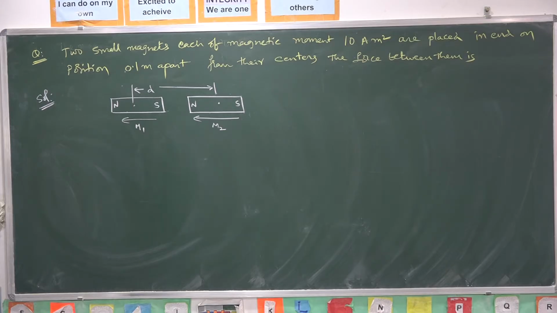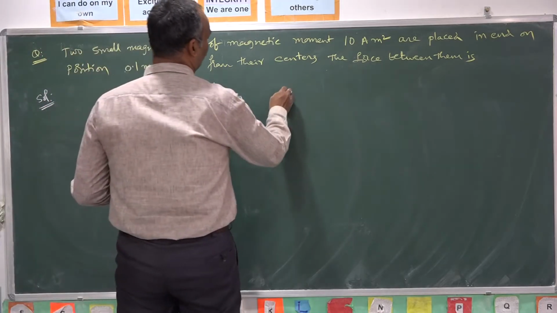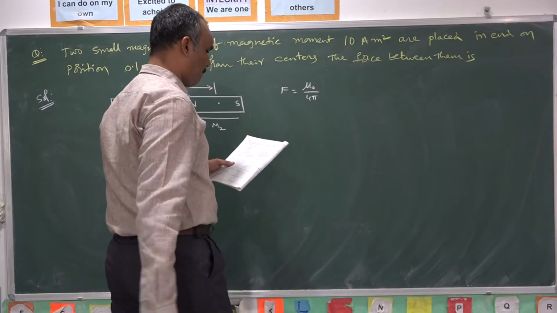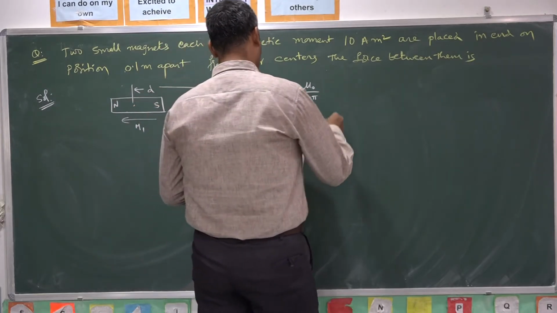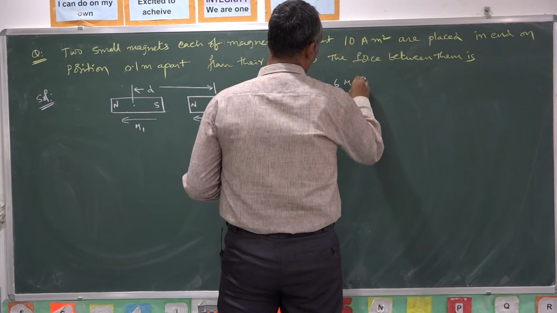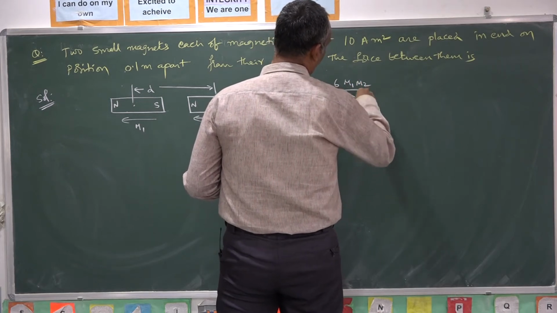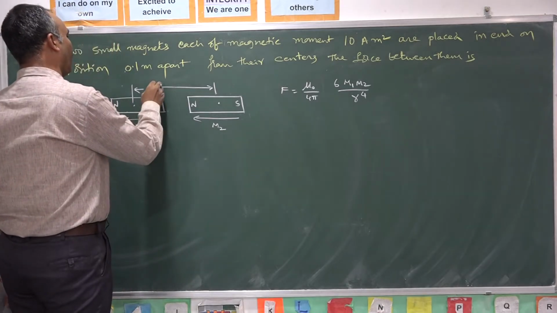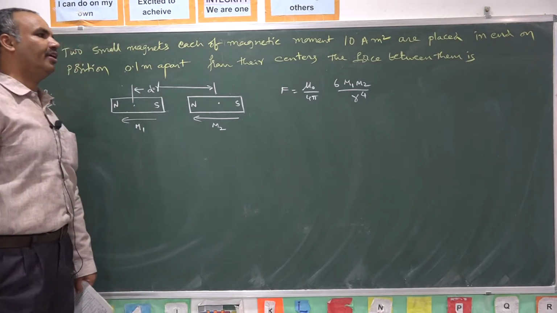I will give you the formula directly, then you tell me the answer, and later we will try to derive the formula also. The formula for this question is F is equal to mu naught by 4 pi into 6 M1 M2 by R power 4 or D power 4. The distance is R or D, you can take anything.